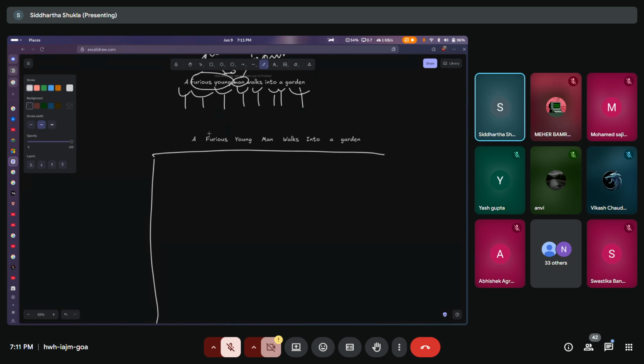So how it really is under the hood, these are all just matrices, sorry, vectors. Now all of these individual tokens get multiplied by something called a query matrix.